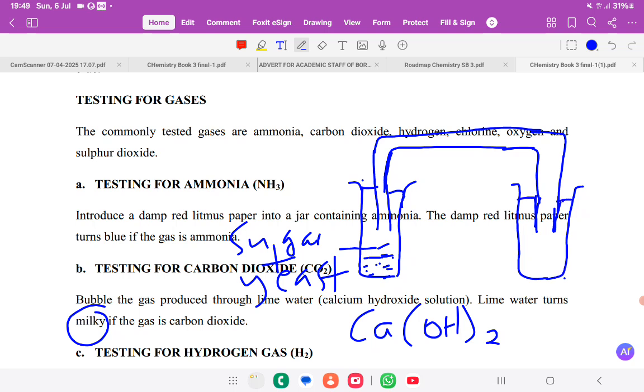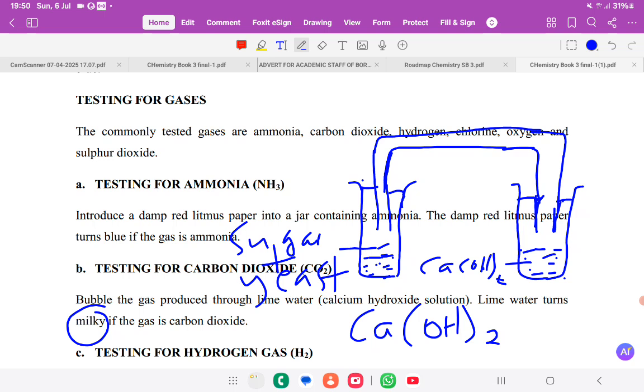When the gas is produced, remember, fermentation produces carbon dioxide as one of the byproducts. The main product, of course, is ethanol, which is an alcohol. So if you place lime water here, which we said is Ca(OH)2, you will observe a color change.